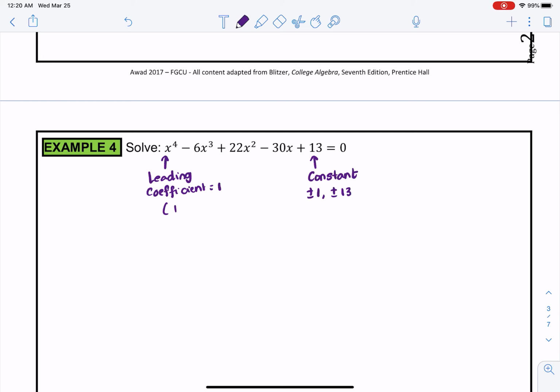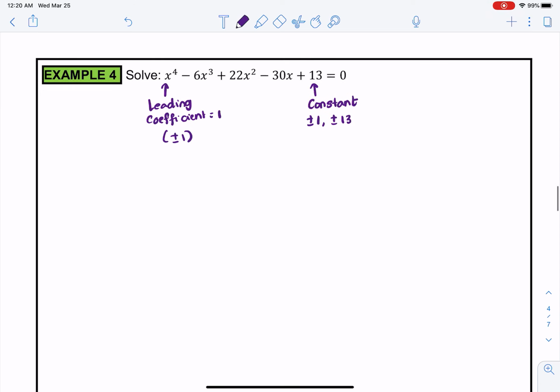The leading coefficient would have factors plus or minus 1. So the possible zeros are plus or minus 1 over plus or minus 1, plus or minus 13 over plus or minus 13. We end up getting plus or minus 1 and plus or minus 13.